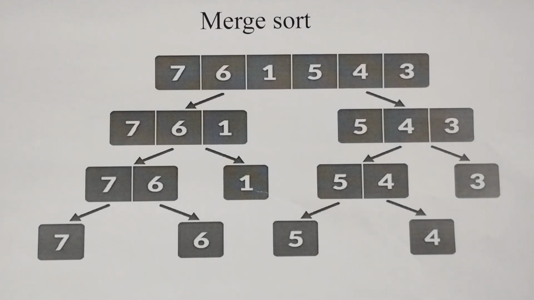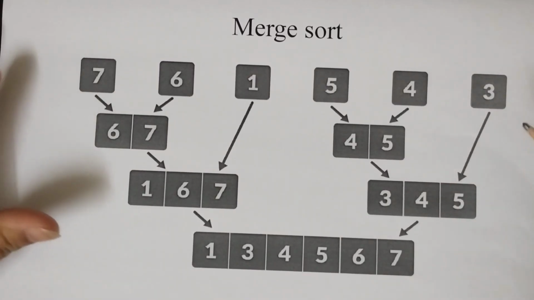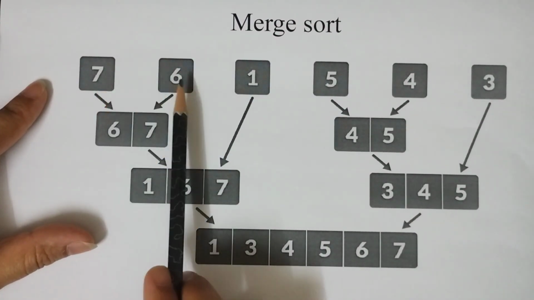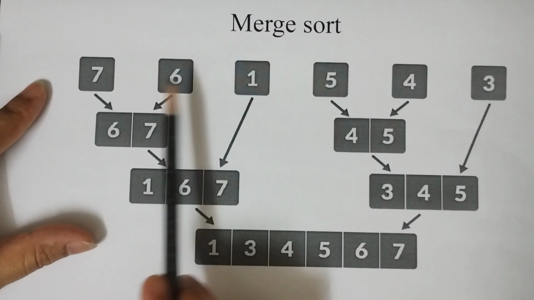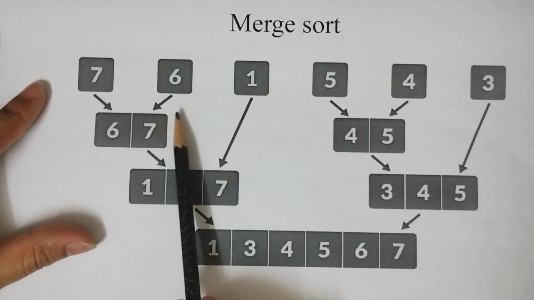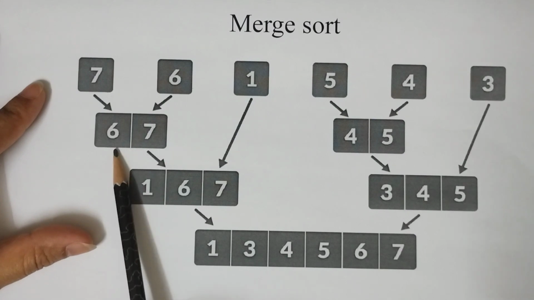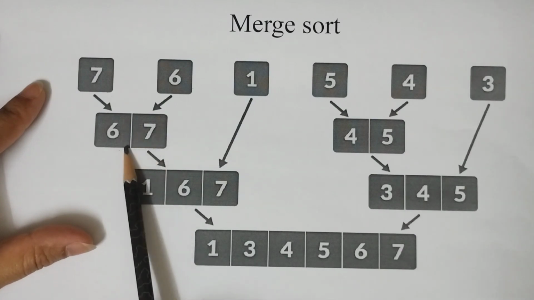The next is the conquer, that is we need to compare these elements of the arrays and then combine the elements one by one, and finally we will obtain the solution. Here is how the combine is happening. We have two different arrays 7 and 6, and when you combine these two arrays, these two get sorted first and then placed in the array in order.